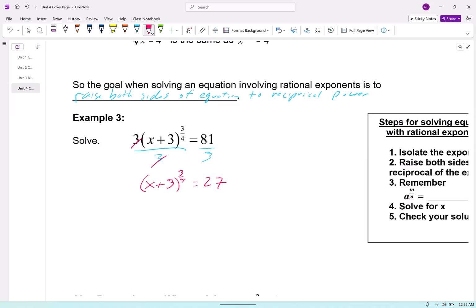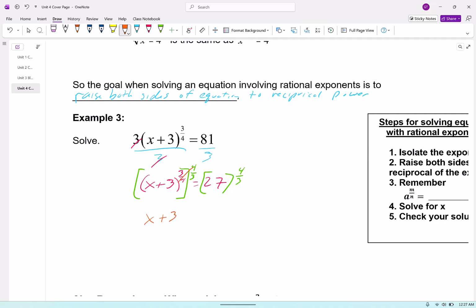Then I'm multiplying each side by the reciprocal. The reciprocal of 3/4 is 4/3. What that does is eliminate these two, leaving me with just x plus 3.